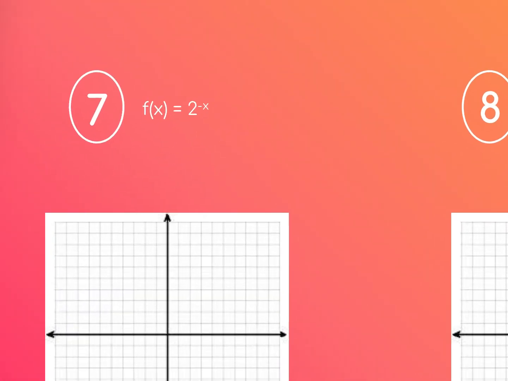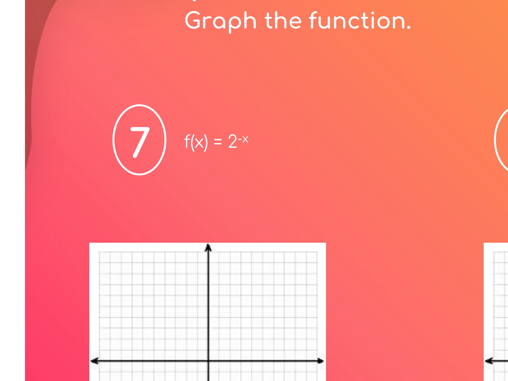So for this one, whenever there is a negative sign in the exponent here, this is going to be telling me it's going to be a reflection across the y-axis.